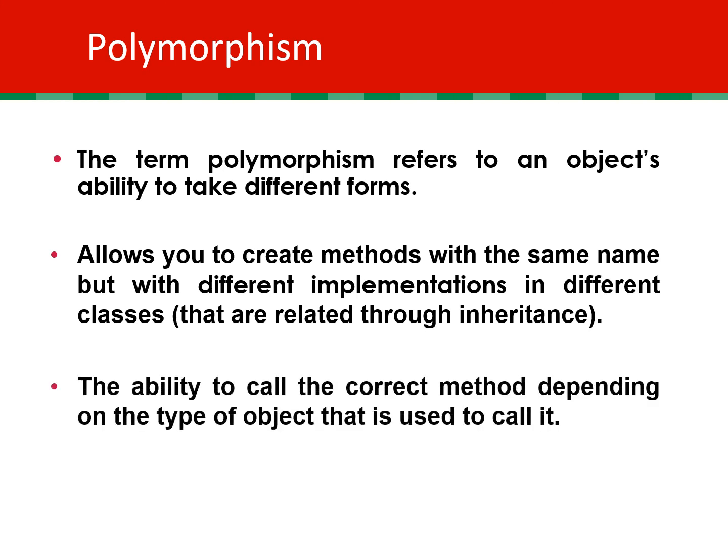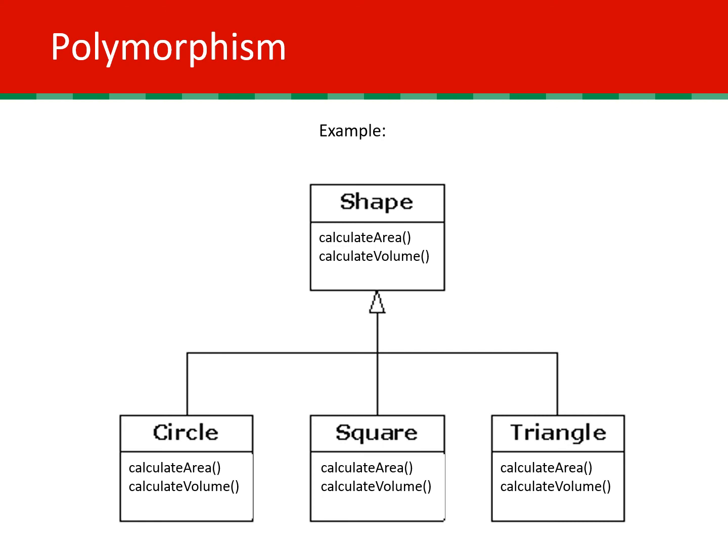If I can show it visually, it's like this. Polymorphism means the method name is the same. This example shows the superclass, the parent class, and the subclasses or child classes.